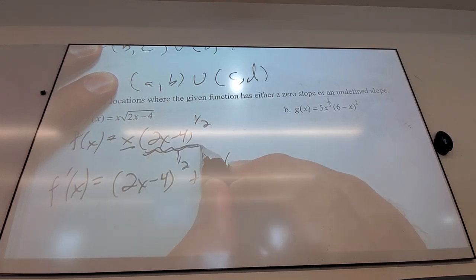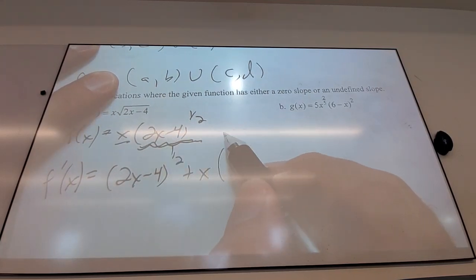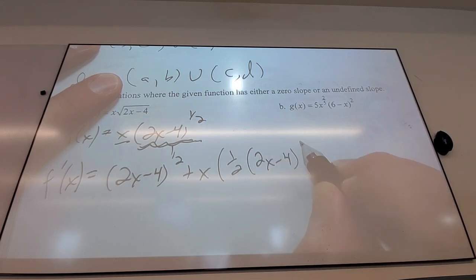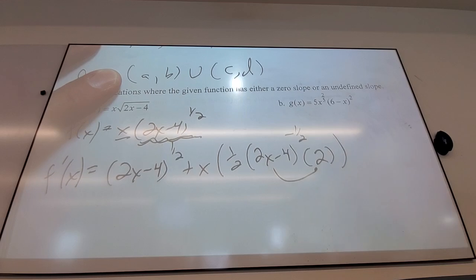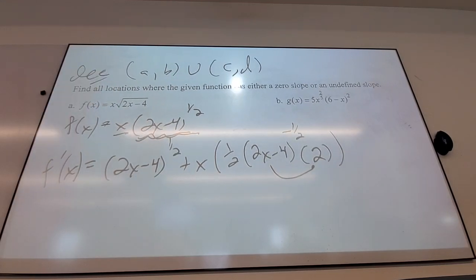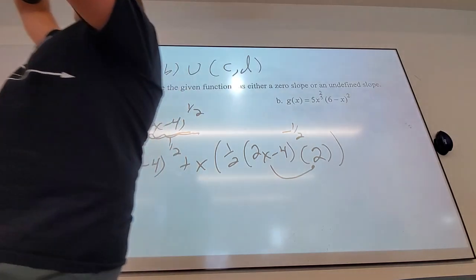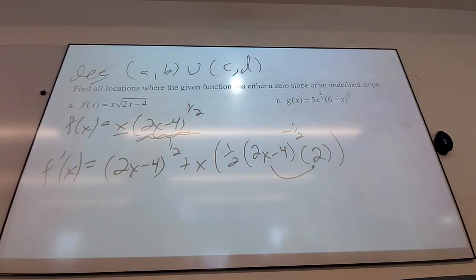And what's the derivative? 1/2, 2x minus 4, negative 1/2 times chain rule 2. Yes? Is that okay? It's to a power, the power comes down, it goes down by 1, and then chain rule says, hey.